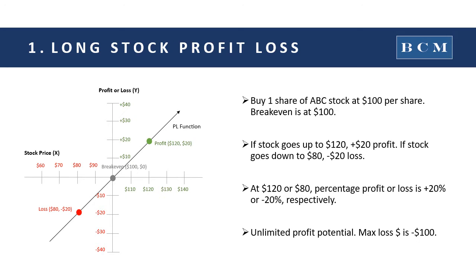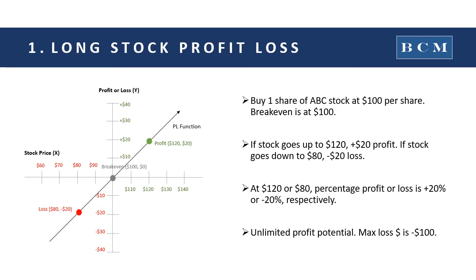The black line with the arrow, that is the P&L function that plots profit or loss as a function of stock price. So in this example, we are buying 1 share of ABC stock for $100. And the diagram shows us that when the stock price is 100, so where x equals 100, our profit is 0.